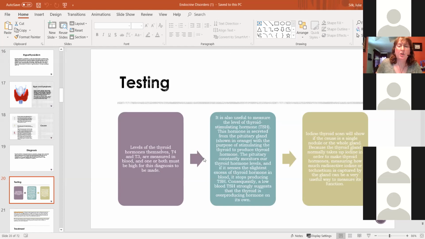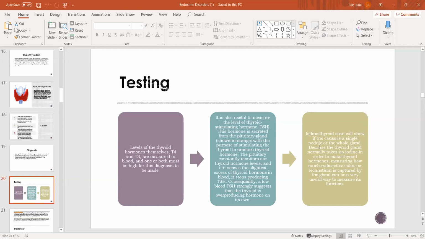If they want to, they might do an iodine thyroid scan, which shows how your thyroid gland takes up iodine. So you can figure out if someone has hyperthyroidism from that as well.